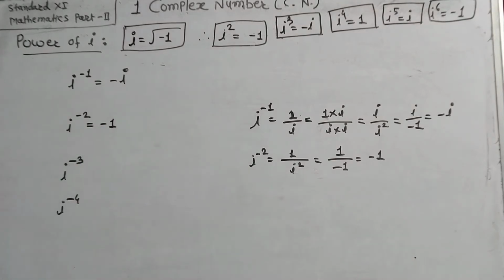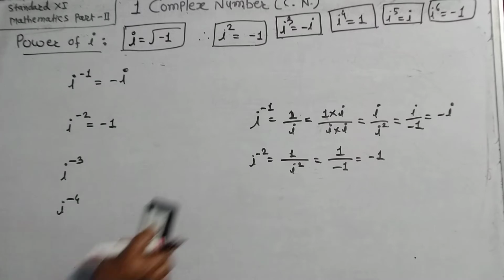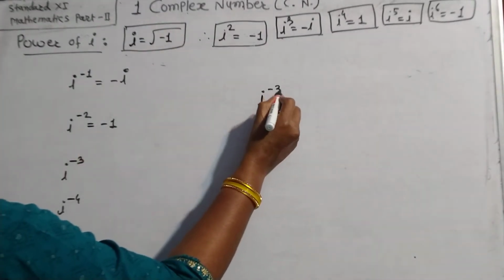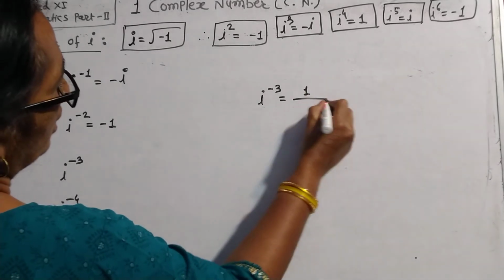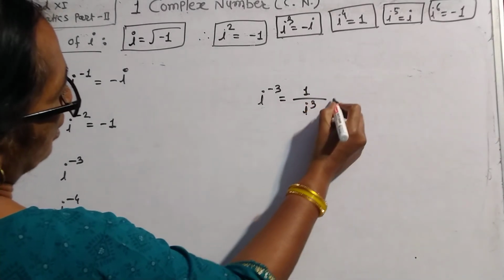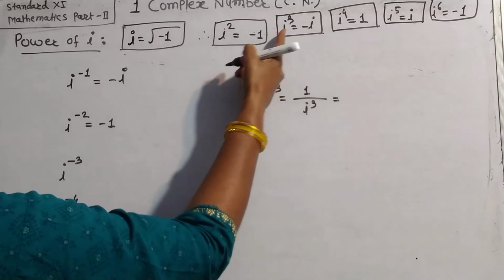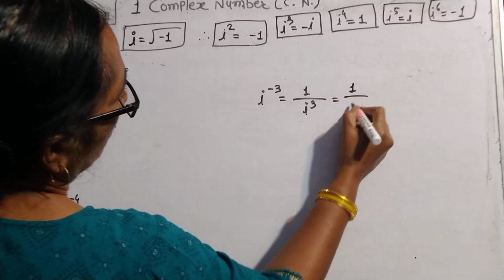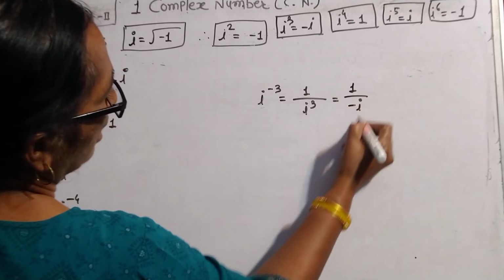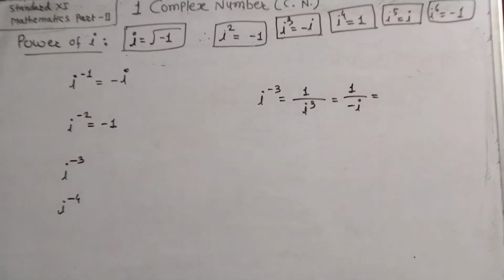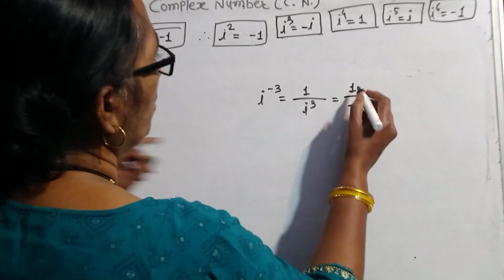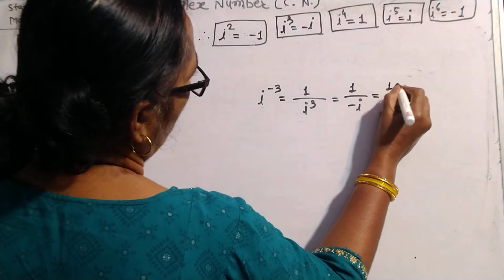Now i raised to minus 3. I raised to minus 3 means 1 divided by i raised to 3. Now i raised to 3 equal to minus i. Therefore 1 divided by minus i. Now multiply numerator and denominator by i.